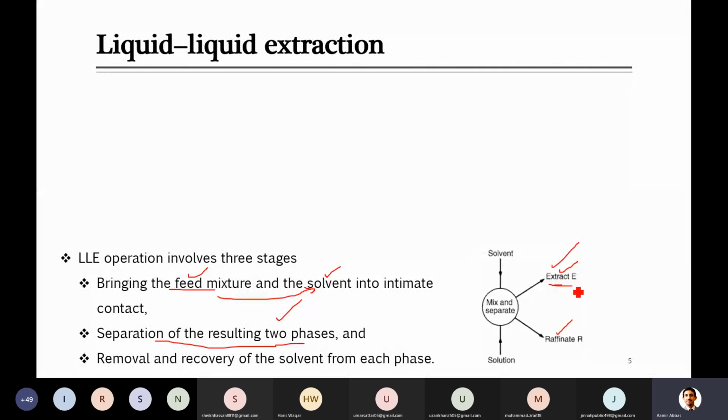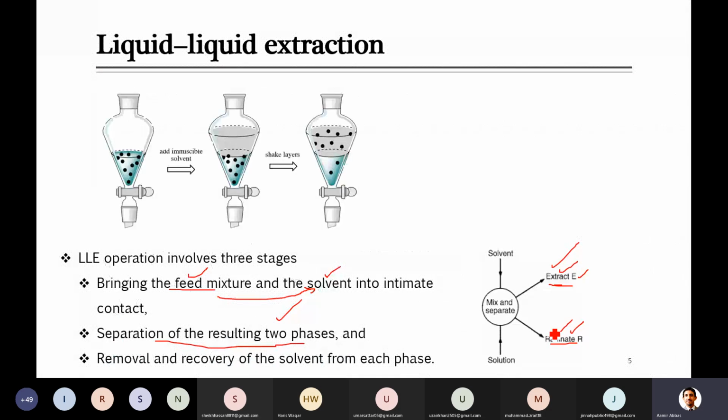It is majorly solvent that contains some components of the feed which you were supposed to separate from the feed. And raffinate is the actual feed which is left over after giving some components to the solvent phase. Such an experiment for liquid extraction you will also perform in the separation processes lab.